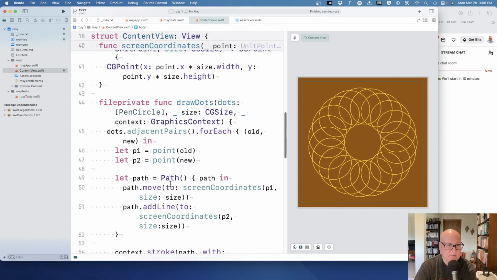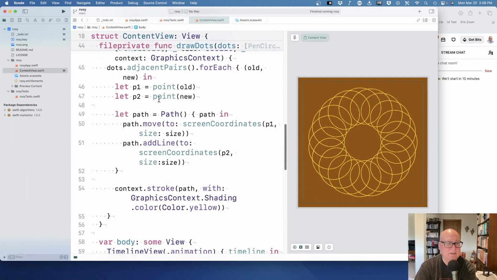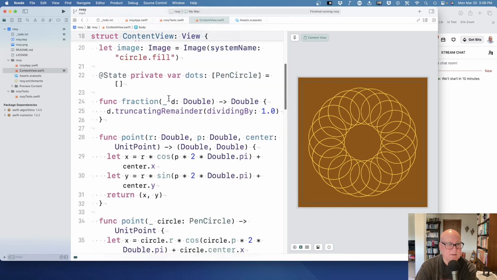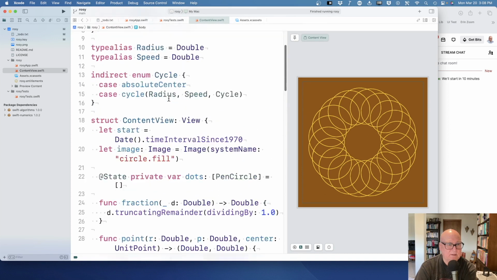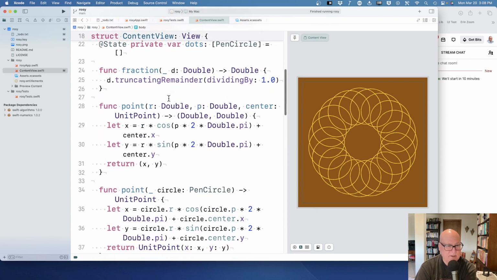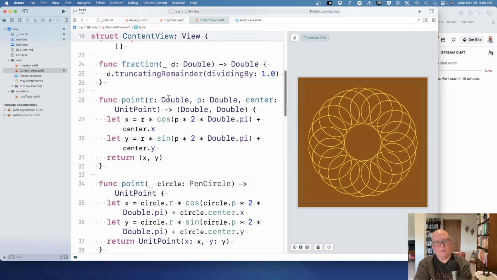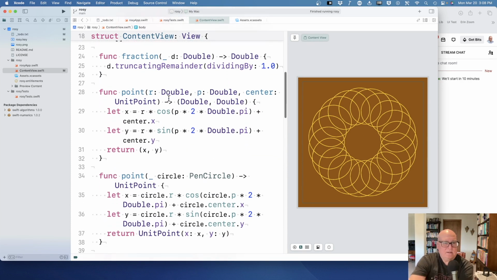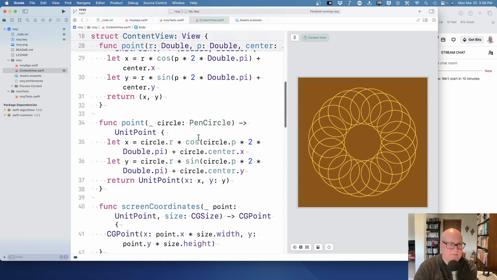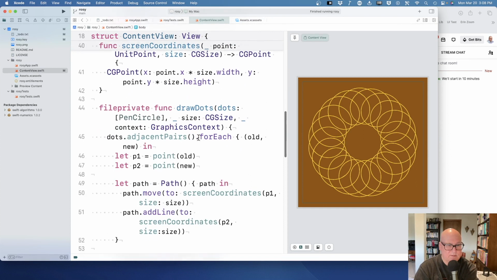Do we care about the circle? What are we pulling from it? Point. I mean, the point seems like what I could put in that list. Right? That seems like what this thing should have.